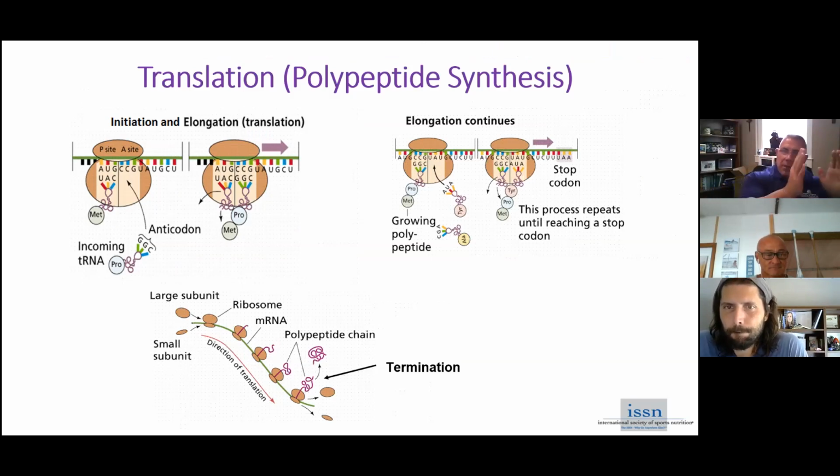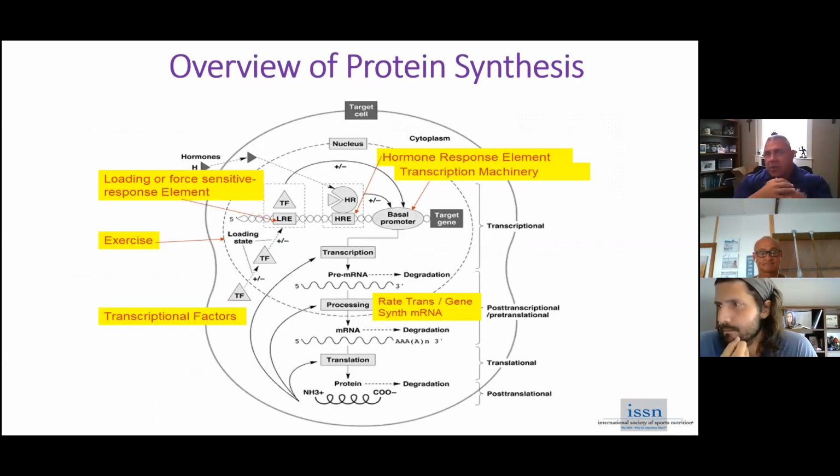So we go from a nucleotide strand to an amino acid strand, and in so doing, we synthesize a polypeptide. That polypeptide in time will then become biologically active, if you will, so that it can be incorporated within the cellular matrix and used accordingly.